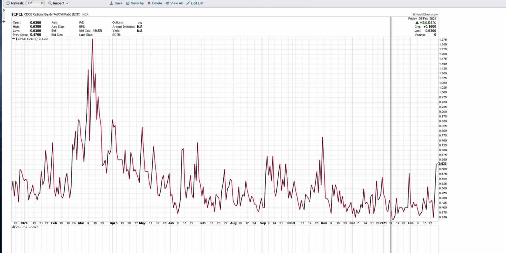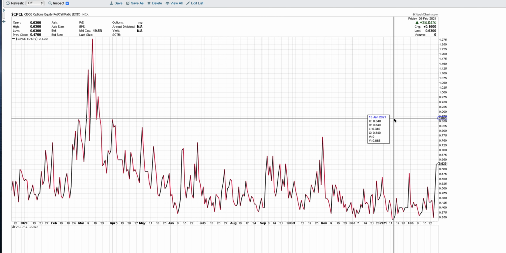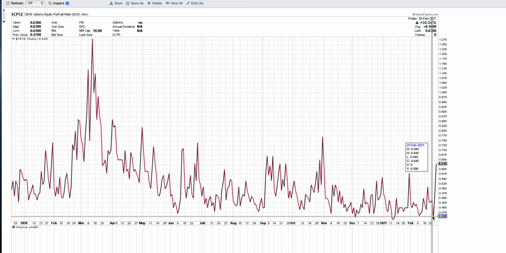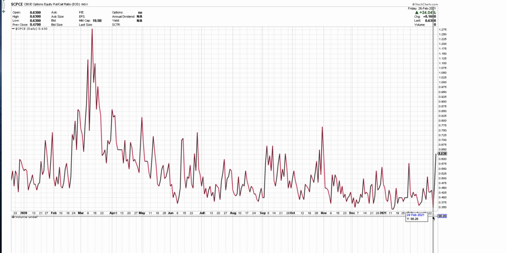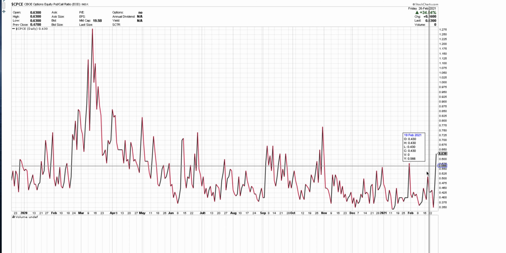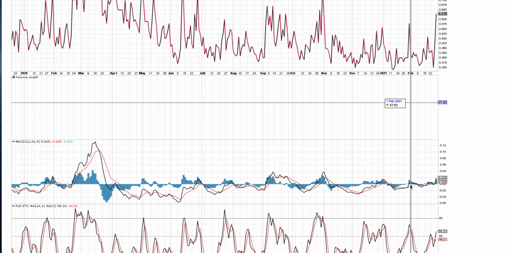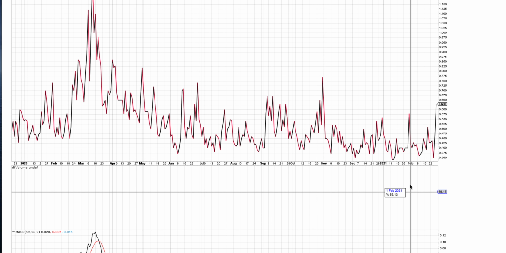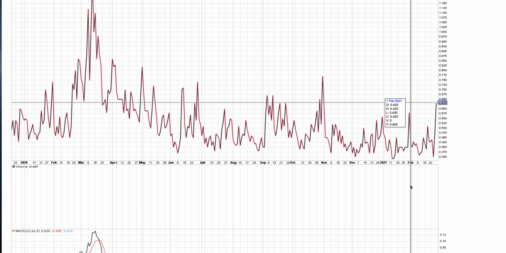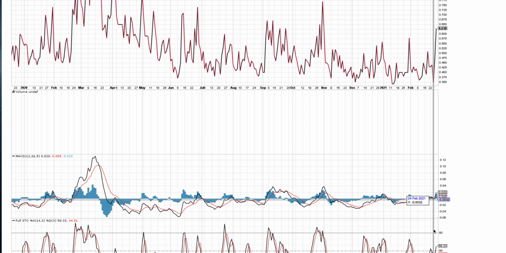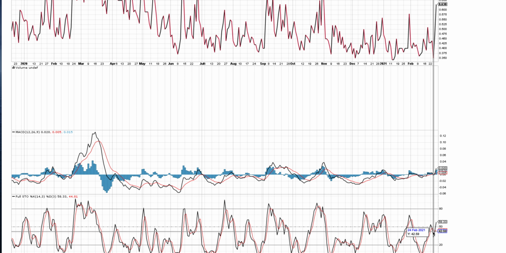Today we have a 34% price increase in the put to call, which is really significant, from at least two days ago, almost from 35 to almost 50 something percent.